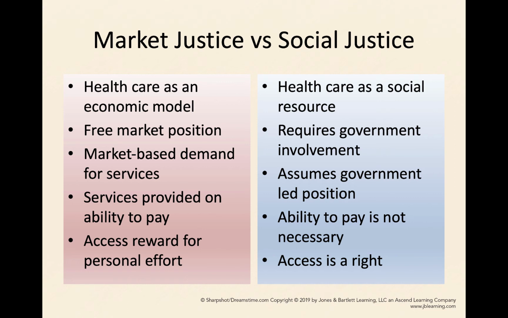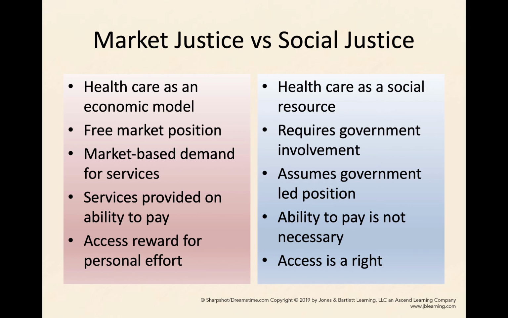For some, it's really kind of a mixed match. You'll see that Germany does a kind of a mix. It does market with social justice, and it requires that government is involved, because when people don't fit into the economic model, what do you do when they fall between the gaps? It assumes that government takes a lead position in this approach.